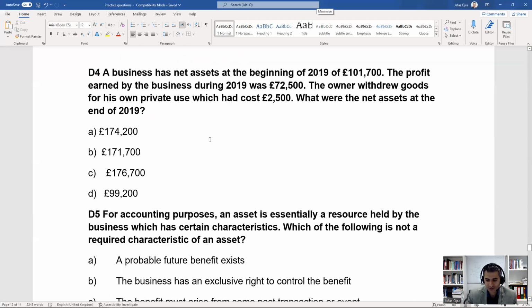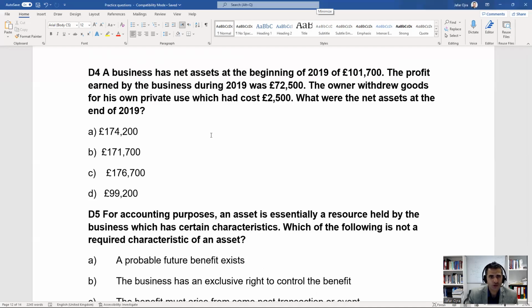Okie dokie. Let's have a look at D4. Okay, that's an interesting question. A business has net assets at the beginning of 2019 of 101,700. Profit earned by the business during 2019 was 72,500.